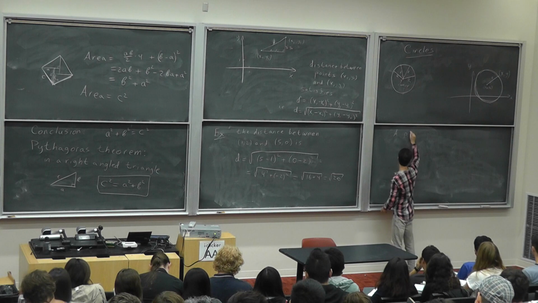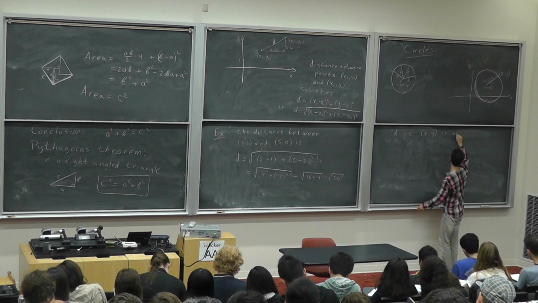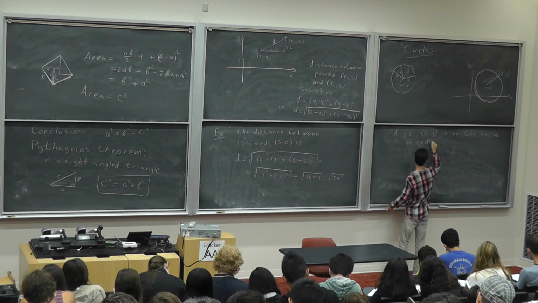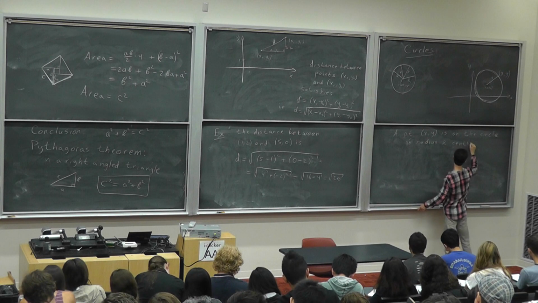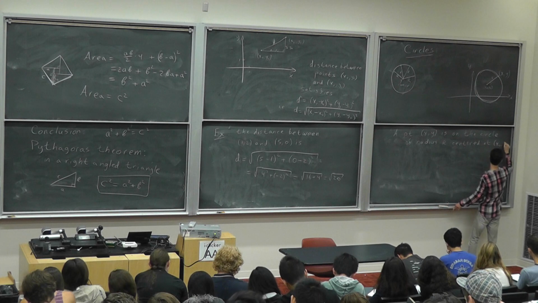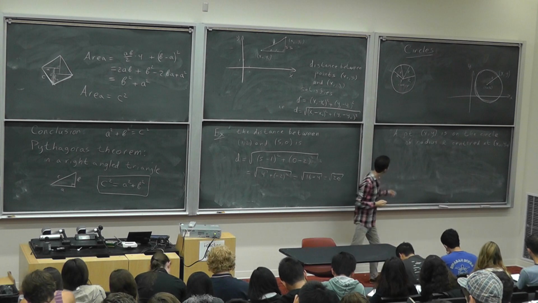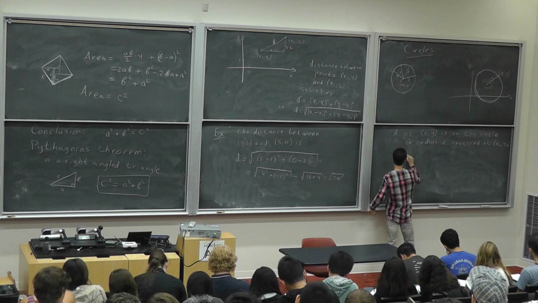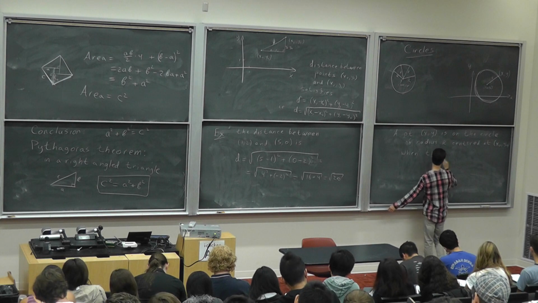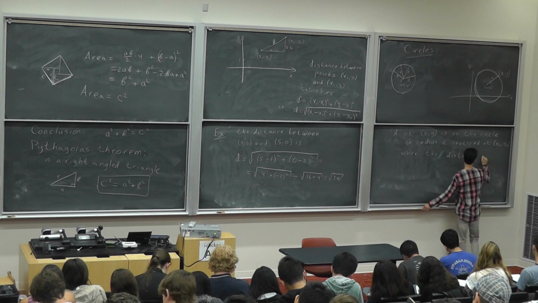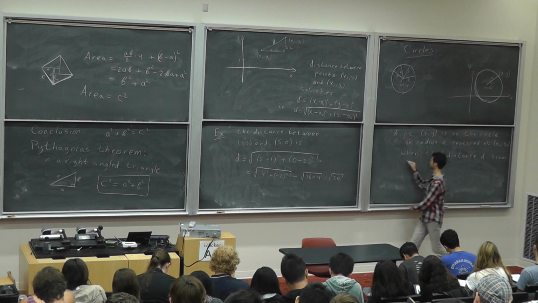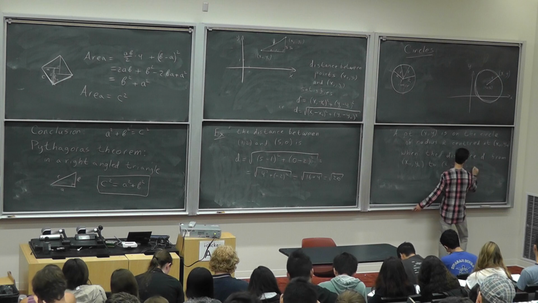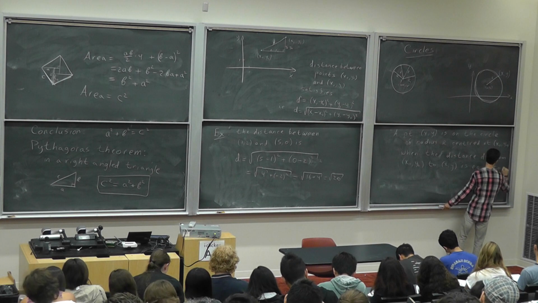So the point x, y is on the circle of radius r centered at x0, y0 when the distance d from x0, y0 to x, y is equal to r.